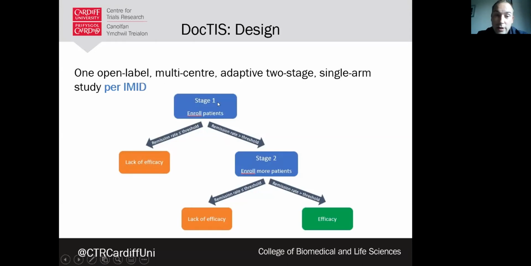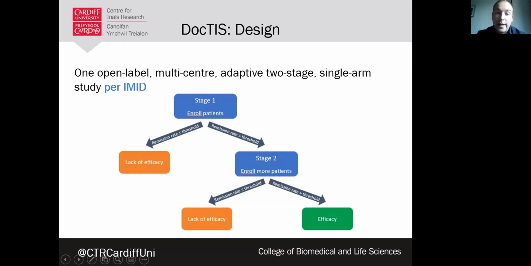It's called stage 1. If their remission rate or the percentage of people who show improvements is below a certain threshold, we stop recruiting patients with this disease because there's a clear lack of efficacy for this patient population. But if it's above a threshold, we continue recruiting, and at the end of the study, we either conclude that the combinatorial therapy is efficacious or not.